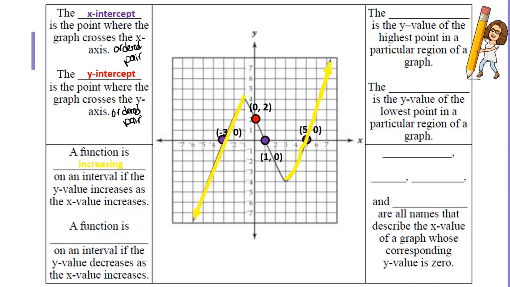Now, this is going to be an interval, and I would write my increasing interval. Now, we are using the x values because I want to know where on the domain am I increasing, because I'm talking about the y's already when I'm talking about increasing, right? Well, it goes forever from the left, right? Because it's going to start all the way going up.